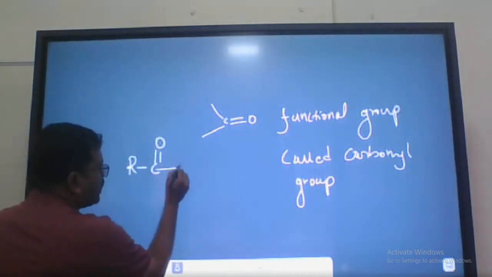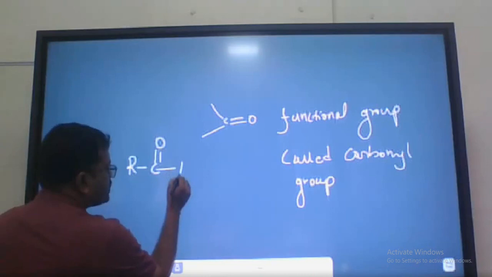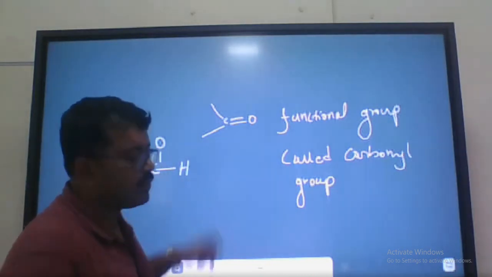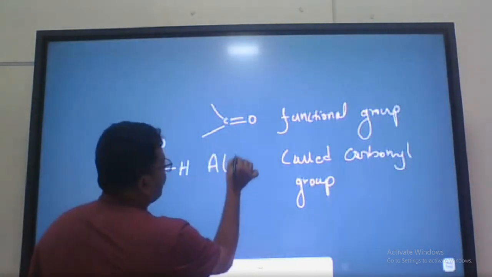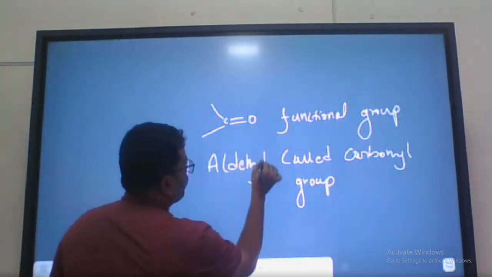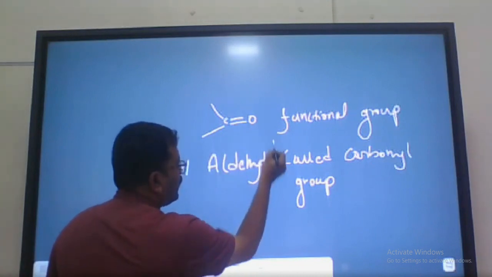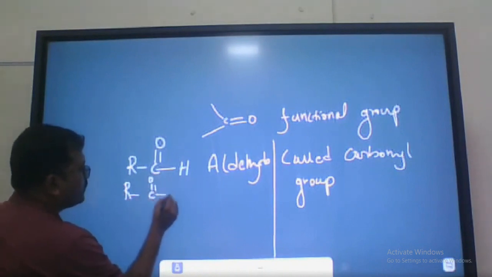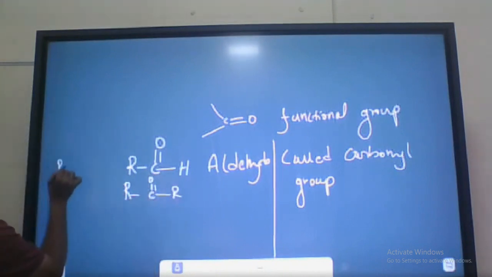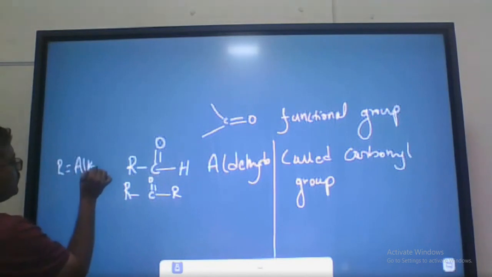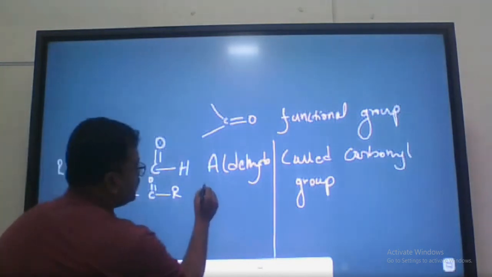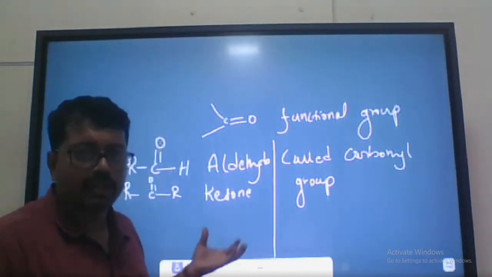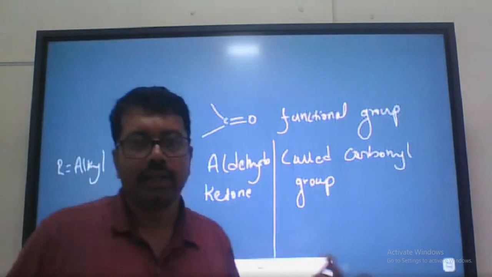If this carbon of the CO double bond is attached to hydrogen, then it is called aldehyde. And if this is attached to R, where R is alkyl group, that is ketone, so COR is ketone.